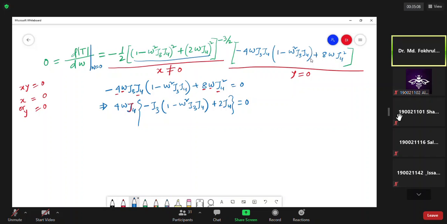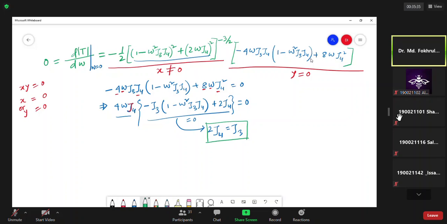Again, this is one factor and this is another factor. If this is equal to 0, we reach the condition 2τ4 equals τ3. This is the condition to make this function equal to 0.